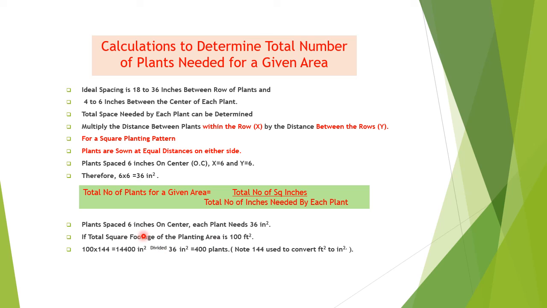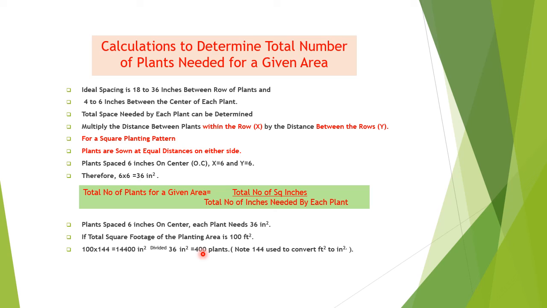Now, if the total square footage of the planting area is 100 square feet, you have to convert feet into inches. So you multiply 100 by 144, and it becomes 14,400 square inches. You divide it by the area which one plant requires, that is 36 square inches, and that comes to 400 plants.